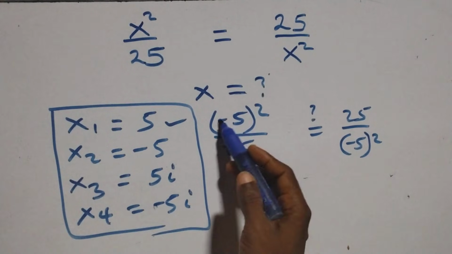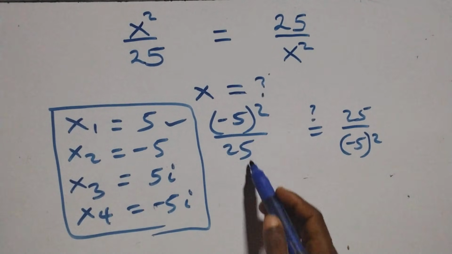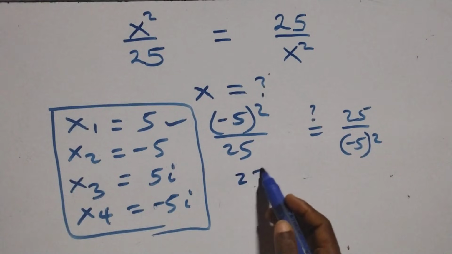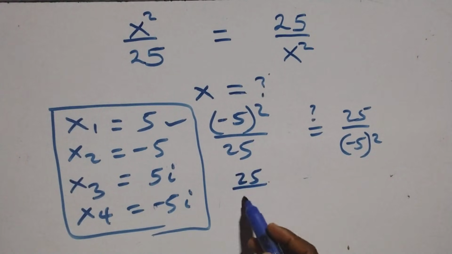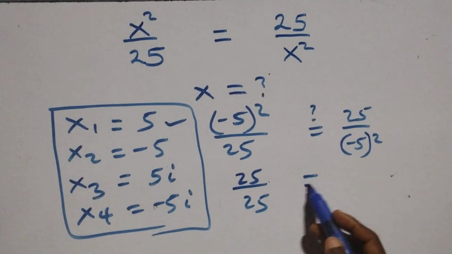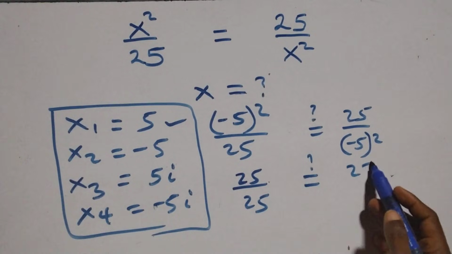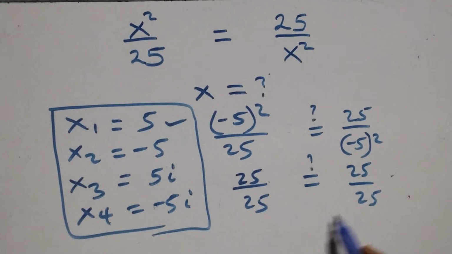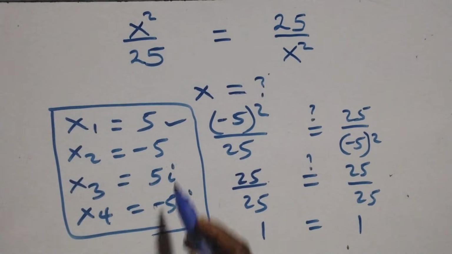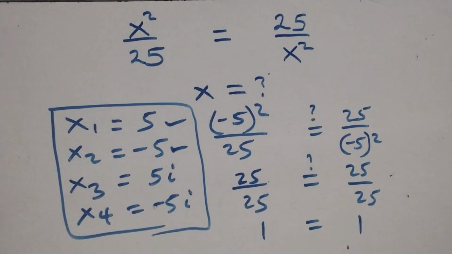And when we square minus, it turns to plus. And 5 squared also, that's 25. So we have plus 25, then over 25. Is it equal to, here also we have 25 over 25. 25 over 25, that's 1, which is equal to 1. Left hand side also equals to right hand side. x equals to minus 5 satisfies the given equation.